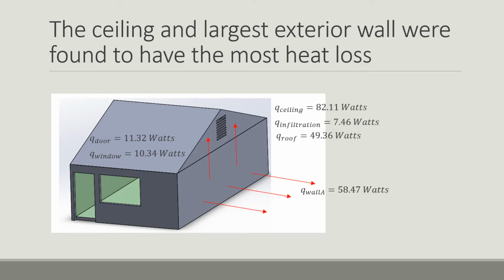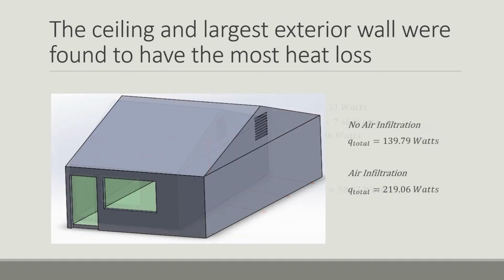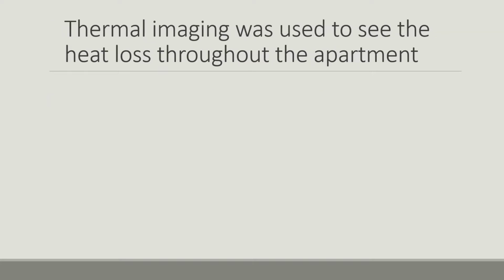Our air infiltration model proved to dramatically affect the losses from the ceiling and through the roof with values as shown. The total heat loss calculated by our models without and with air infiltration were found to be 139.79 and 219.06 watts respectively.